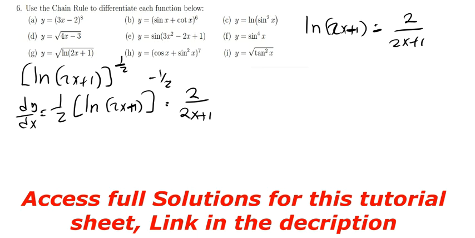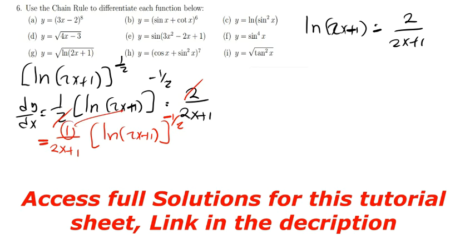Now if I do half times this, the 2 and 2 will go, and I will end up having 1 over 2x plus 1. Then I've got ln 2x plus 1 to the power negative half. Now if I want to remove the negative, this one will go on top, this one will come down with the ln 2x plus 1.